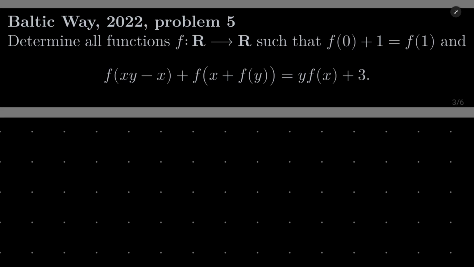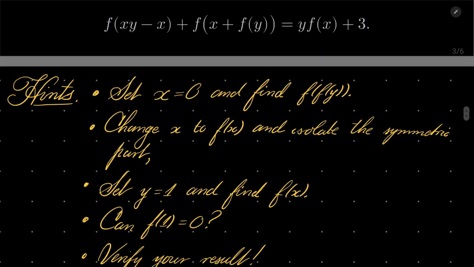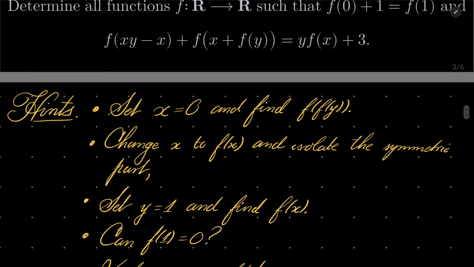Here are my hints. First, try setting x to be 0 and find f of y. Then take our second functional equation, the asterisk, and change x to f of x and use the previous result, and try to isolate the symmetric part of the equation which you get.